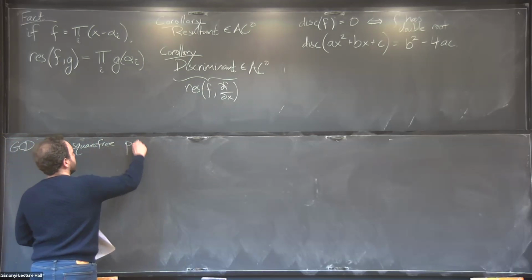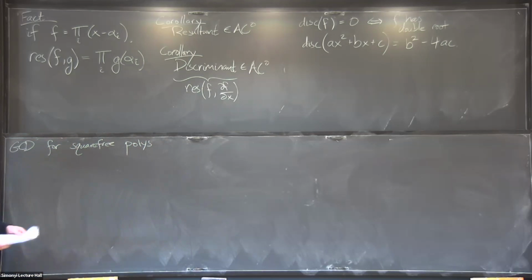And I don't want to define these precisely, but these are just polynomials without a repeated factor. If they have a factor, it only appears with multiplicity 1. And it turns out if you pick a polynomial at random, it's almost always square-free. So you should think of this as not too restrictive an assumption, but we'll need to fix this up later.